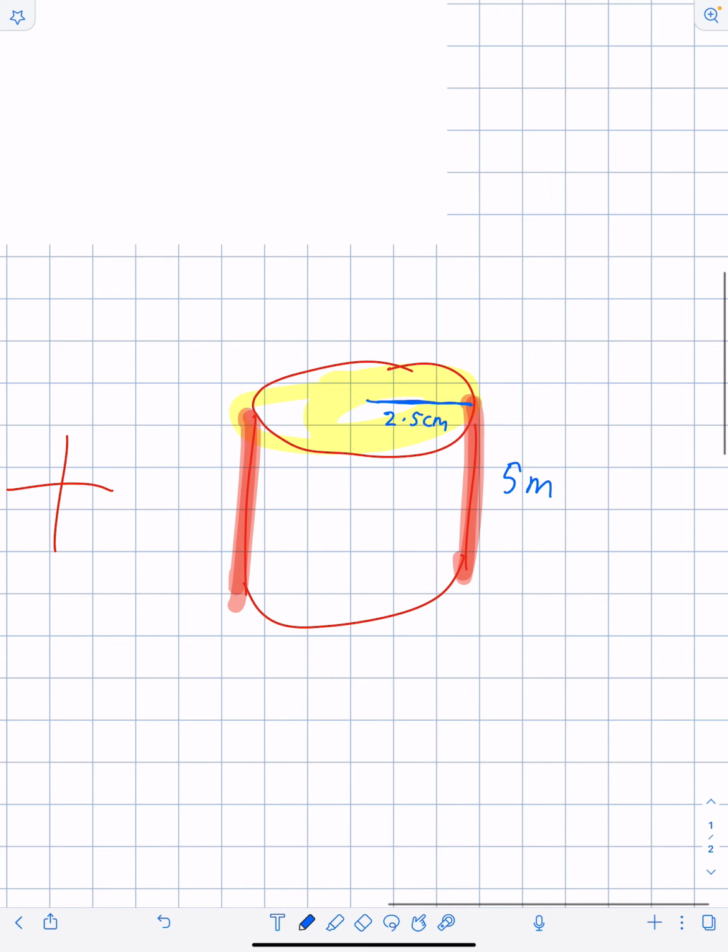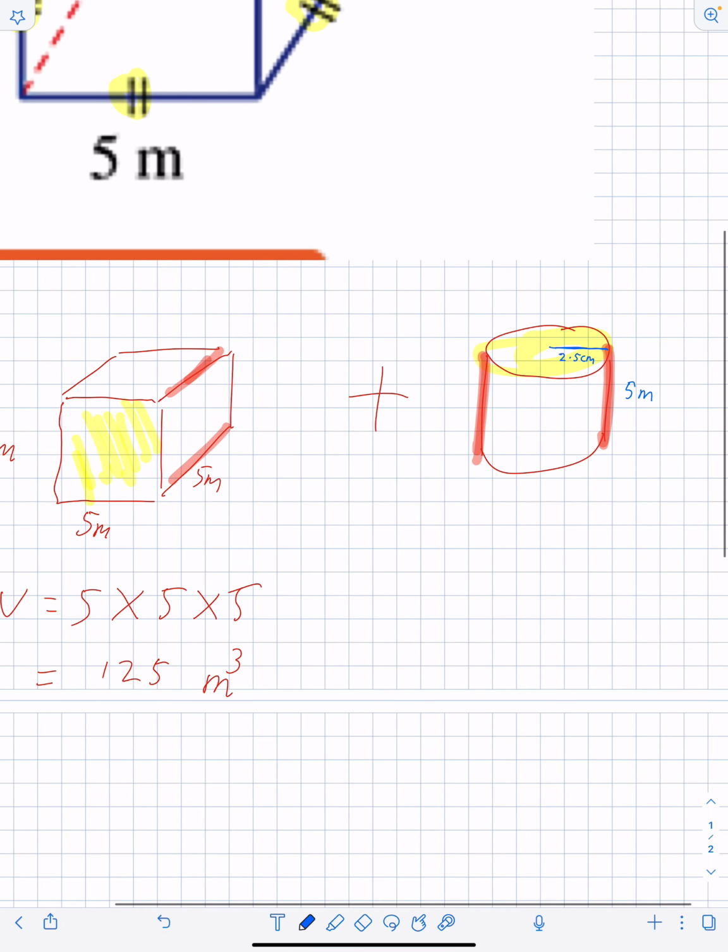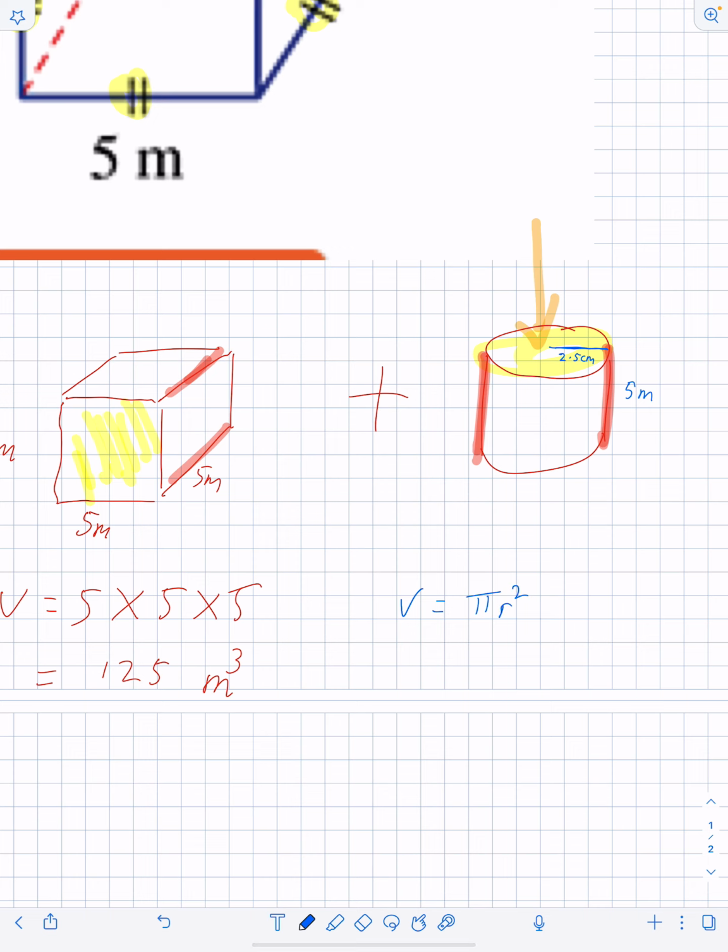Okay, and to work out the volume of that one, we've got a little formula that we can use to find out firstly the area of that shaded section just there. So that's going to be pi r squared, where r is the radius, and then we want to times that by the height. So that cylinder is 5 meters high, all right?